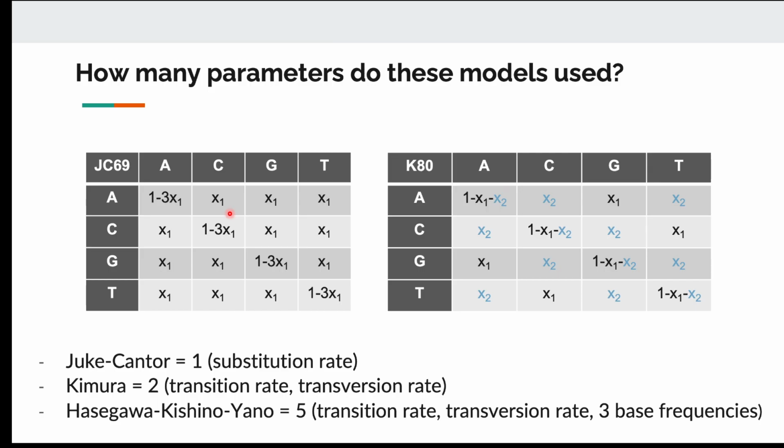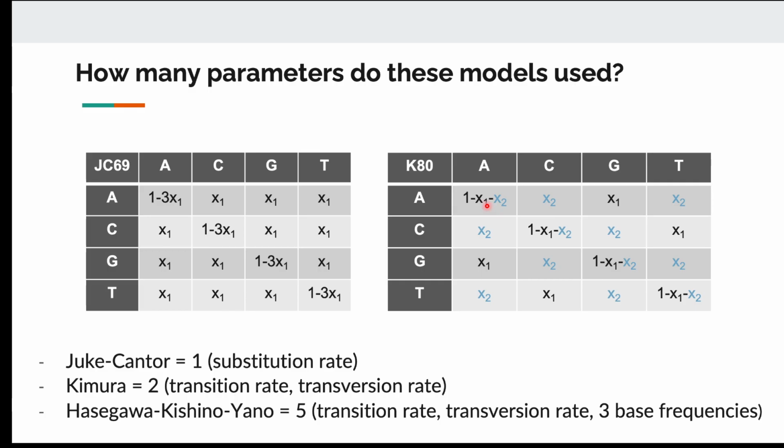If we think about the Kimura model, it says that between A and G, there is one mutation rate. But from A to C and T, which is across the group, we have a different mutation rate, x2. And we can fill in everything in this table with just x1 and x2. If it's a nucleotide within the same group, we get x1.